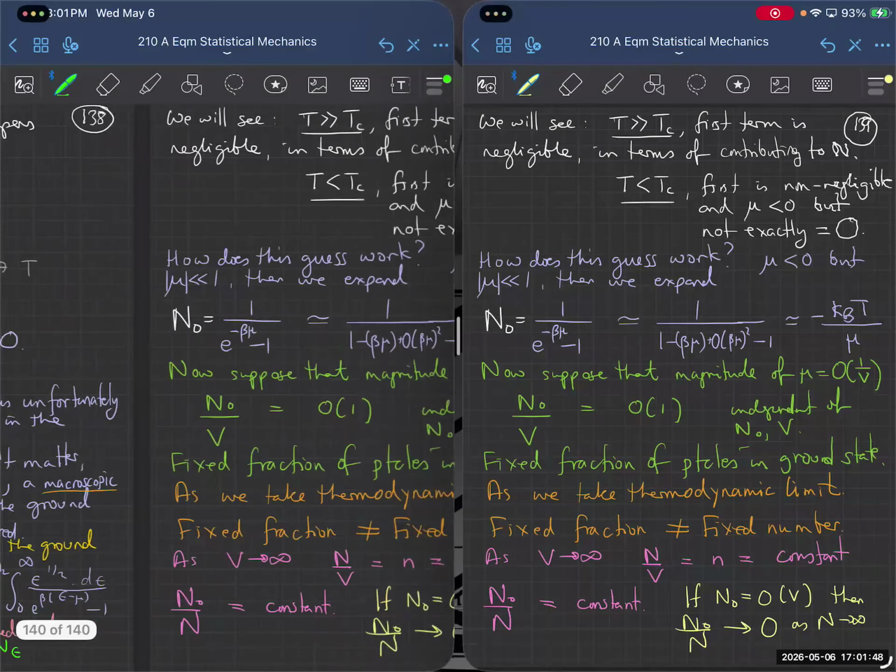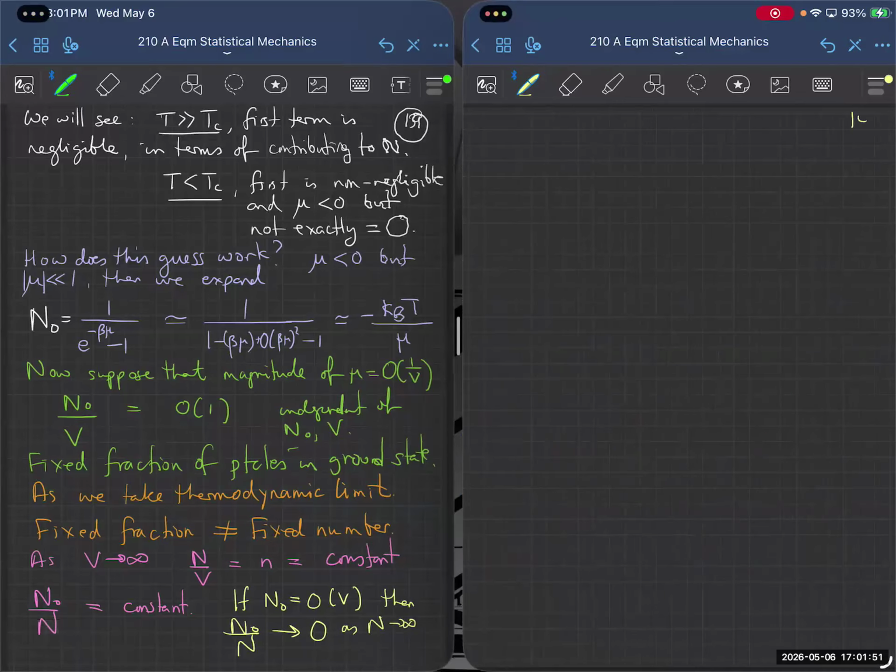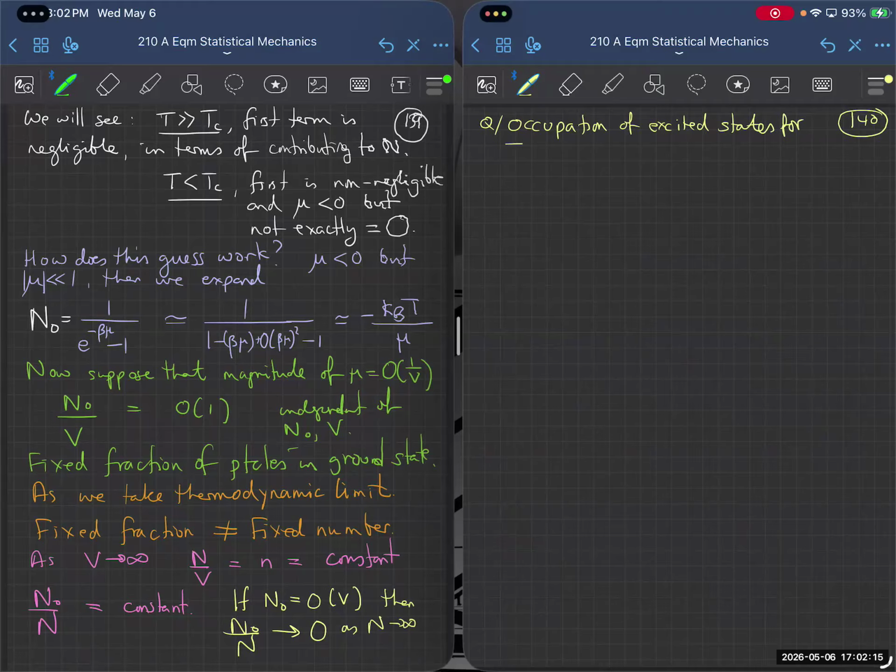Okay. So then you might say, okay, all right, well, fine. So what is the occupation of the excited states for T less than Tc? So let's work that out. So we know that epsilon is h bar squared k squared over 2m.